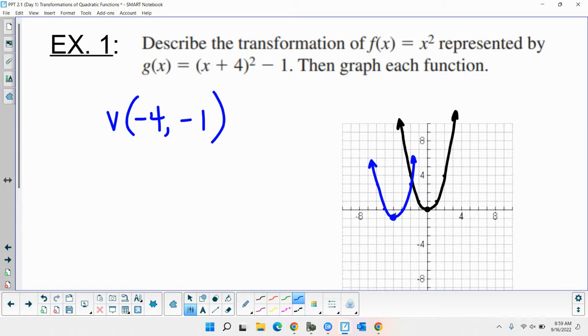Okay, there's no number out front of my parentheses. So A is a positive 1. You just never write positive 1 in front. So when that number out front of the parentheses is positive, it always opens up. Questions on that? Very similar to what we did last chapter, right? But this chapter is just concentrating on parabolas, quadratics.